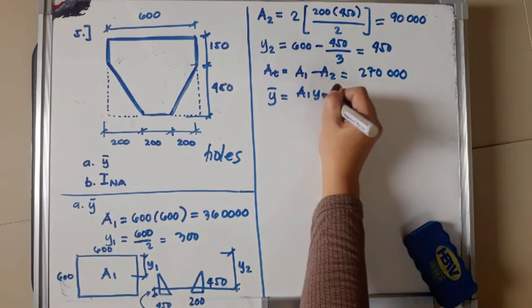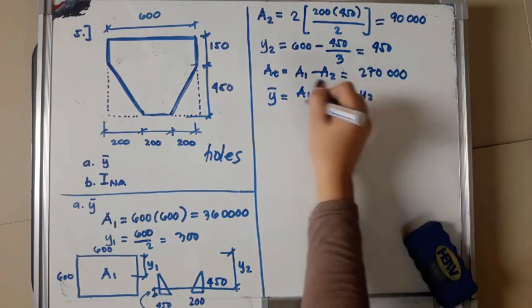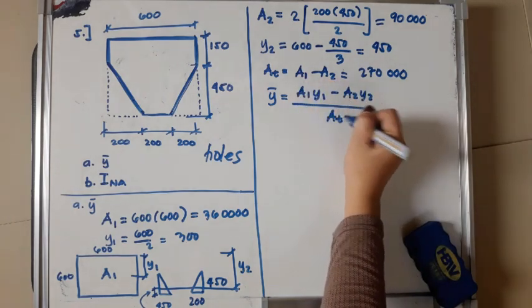So bar y is A1 y1 minus A2 y2 over A total.